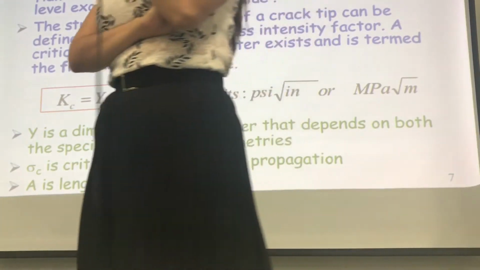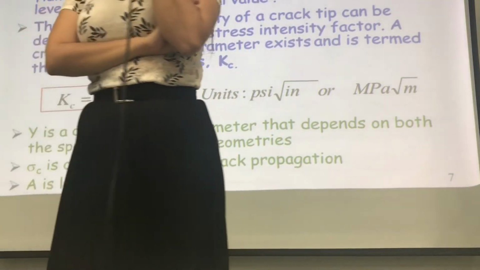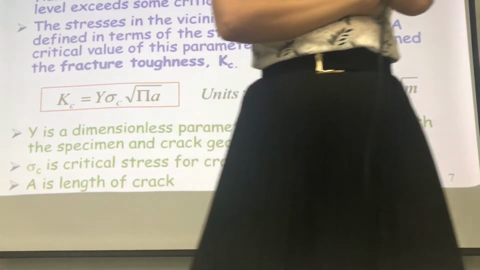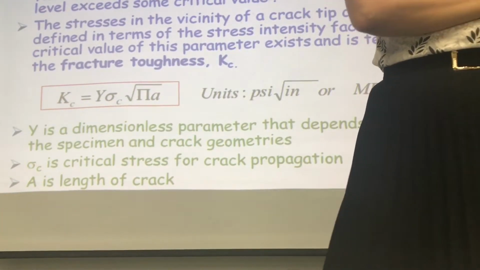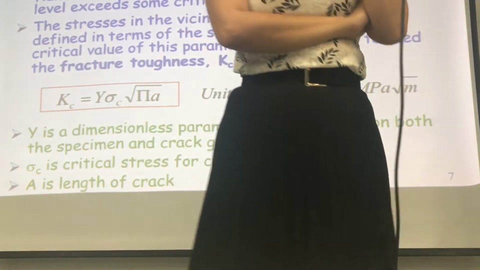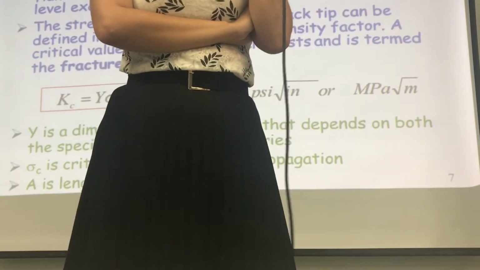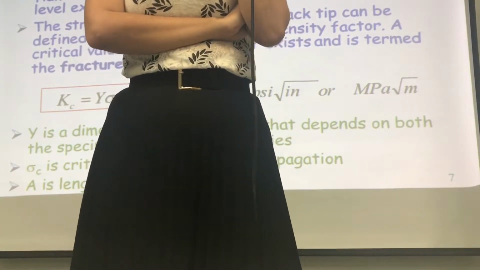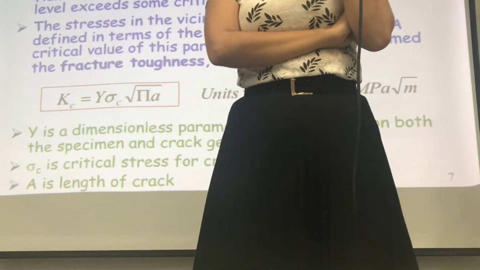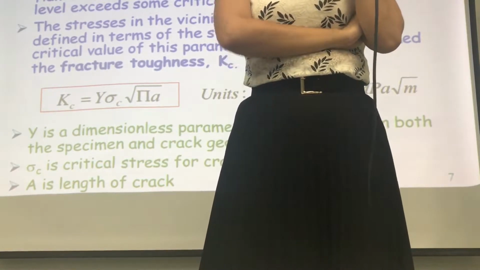See that? So what's happening is, if you have a piece of glass, and somebody told you that the strength of this glass is 500 megapascal, but when you test it, it's not 500.